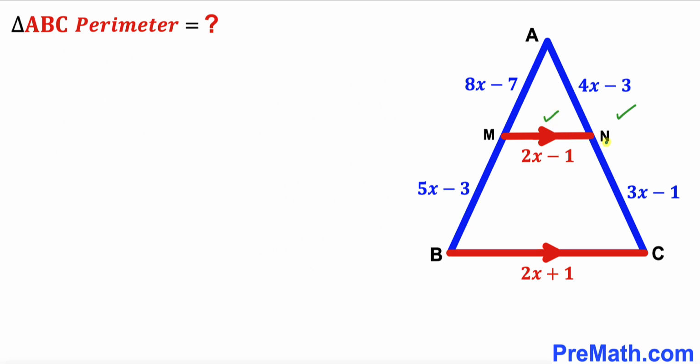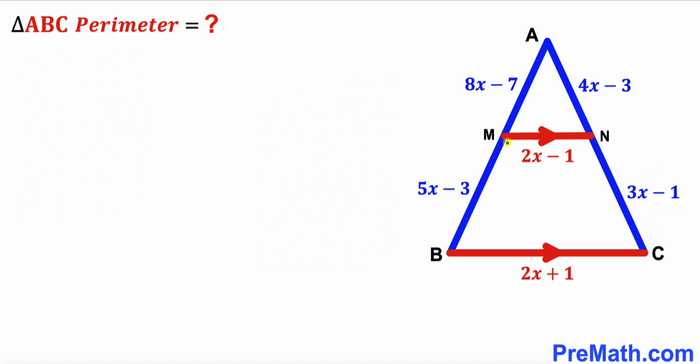We have this triangle ABC along with this segment MN, as you can see in this diagram, such that MN is parallel to BC. Moreover, segment AM is 8x minus 7, segment MB is 5x minus 3, segment AN is 4x minus 3, and segment NC is 3x minus 1.